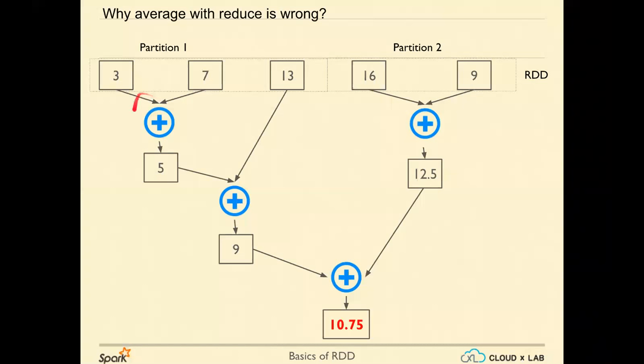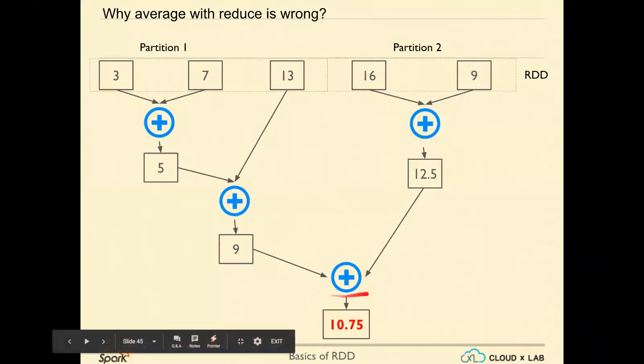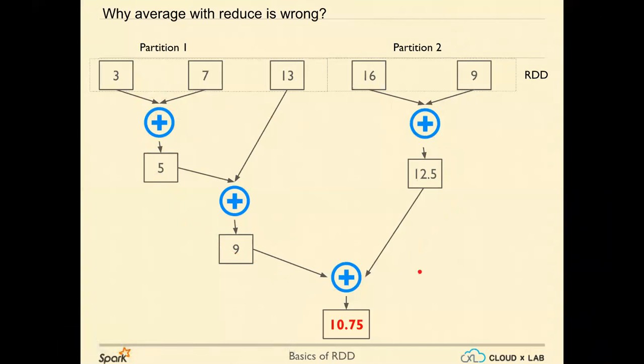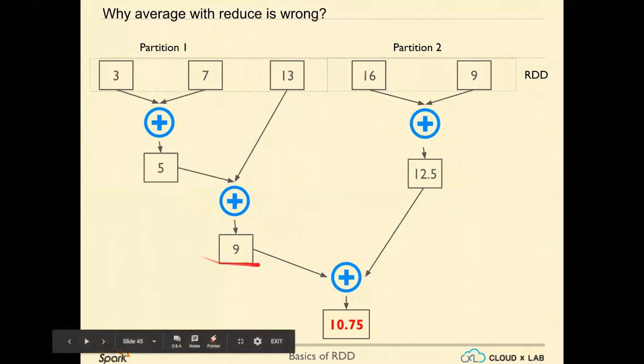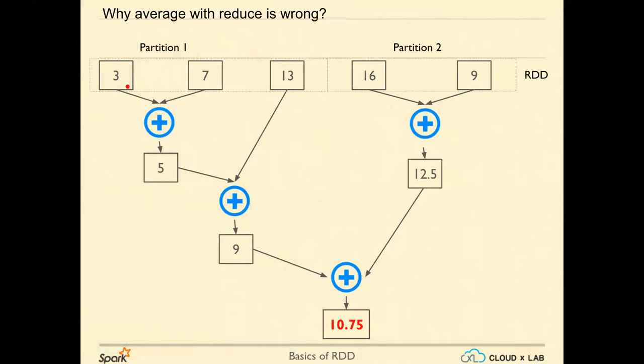So the reduce function does the work in this way. It can compute the summation very well, while it couldn't compute the average correctly, because if you take a look at these three in isolation, we are getting 9 as output, right? While it should be 7 plus 10 plus 13, which is 30 by 3, which is different from 9.